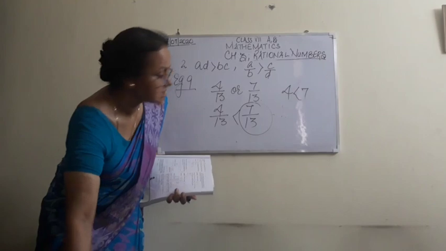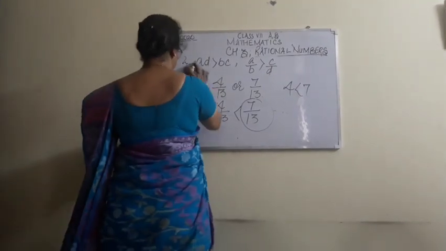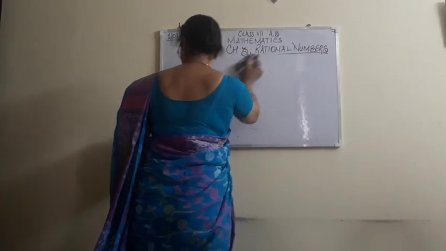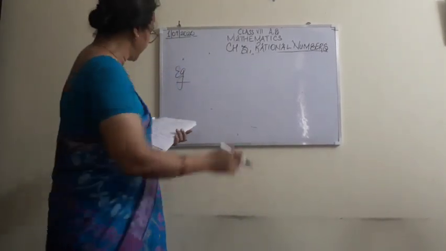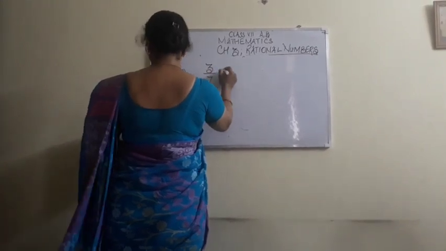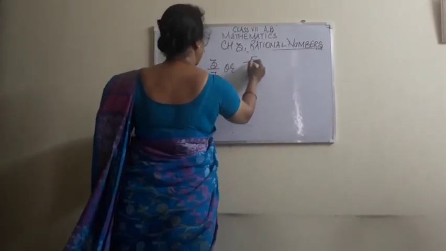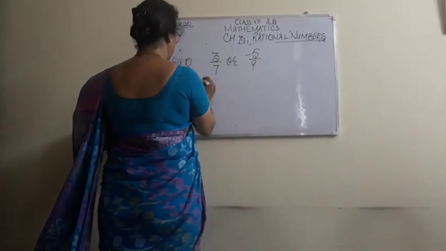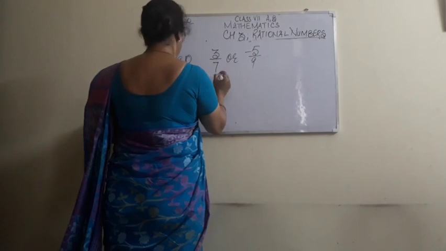Okay, next. Example number 10. Which is greater, 3 by 7 or minus 5 by 9? Here we are doing the cross multiply. We write 3 by 7.